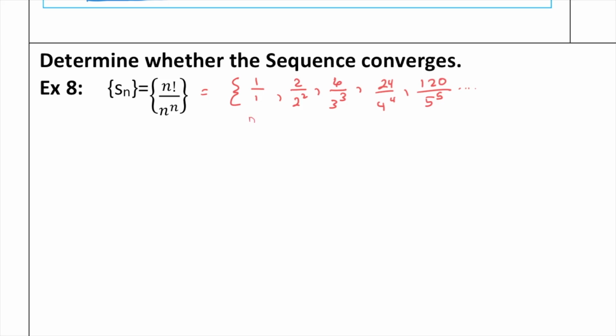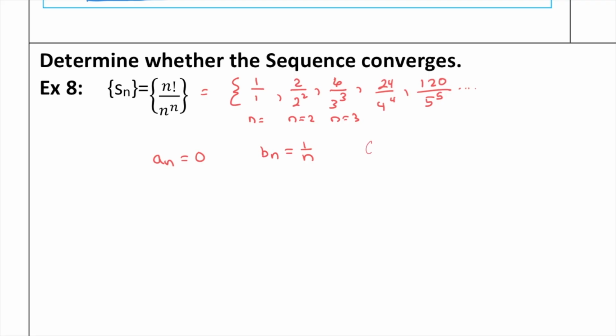So if we have n is 1, n is 2, n is 3, each one of these values is going to be less than or equal to 1 over n. So let's let b sub n equal 1 over n. And do you notice that each one of these is greater than 0? So let's let a sub n equal 0. All right, and we call this one, of course, C sub n.